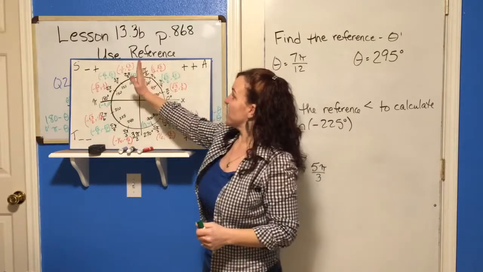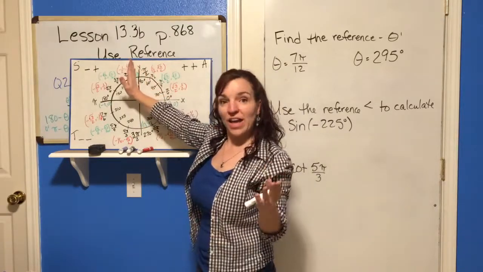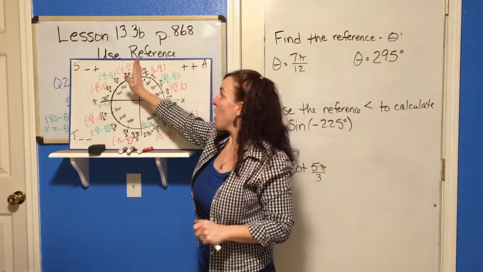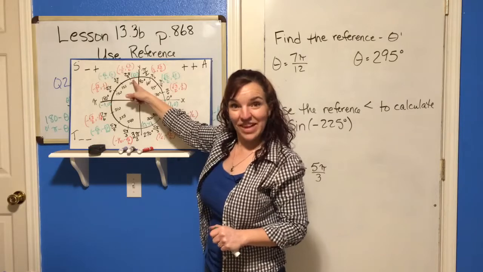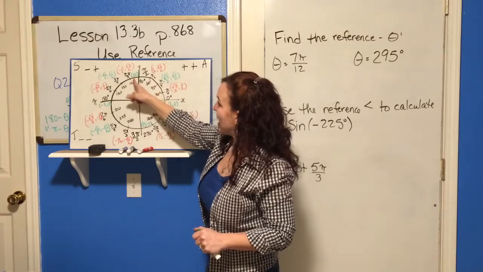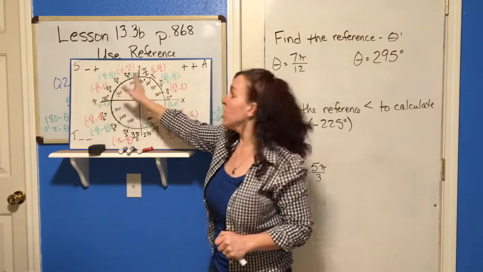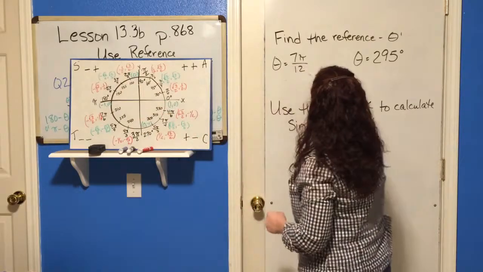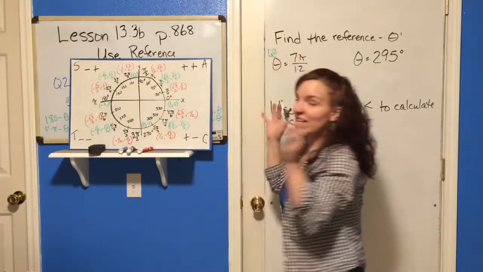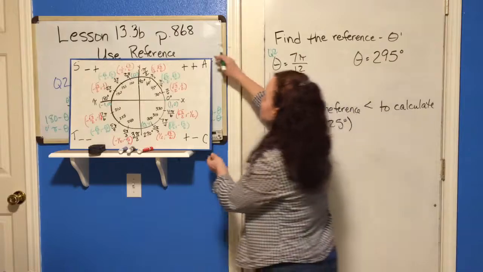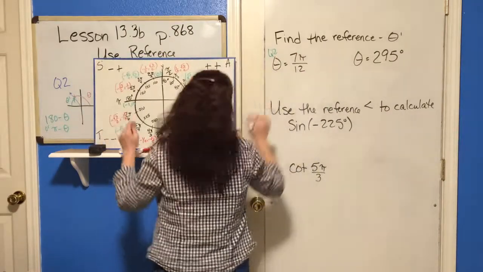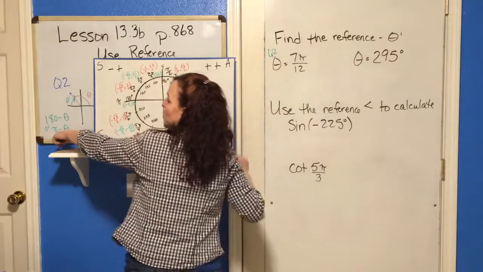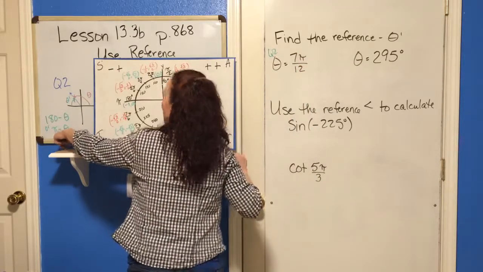So 6/12 is going to be at your 90-degree angle, and so 7/12 is going to be right here. And if you don't know exactly where, it's going to be in there somewhere, and that's okay. So we know that this is in quadrant 2. And that's what we need to know. Because in quadrant 2, to find a reference angle, because we're dealing with radians, we're going to take pi and subtract theta.